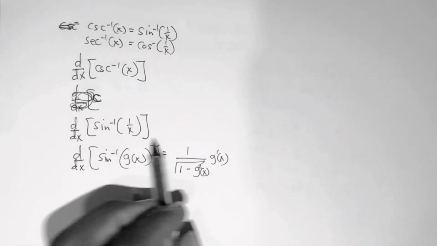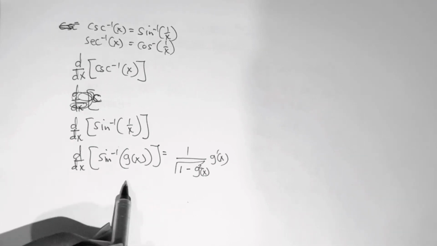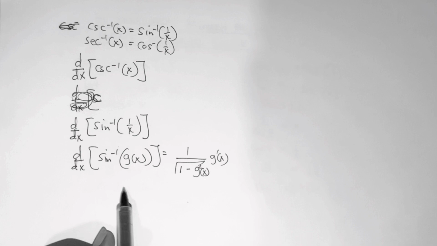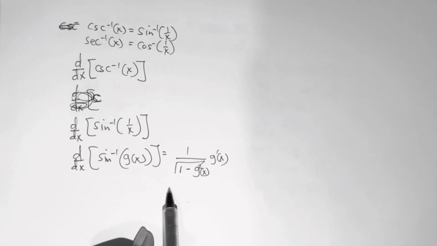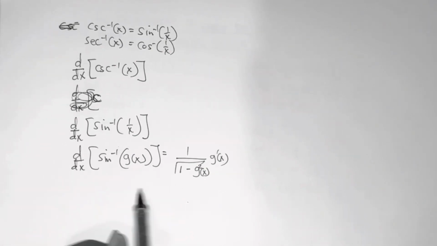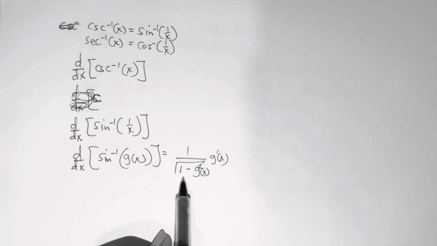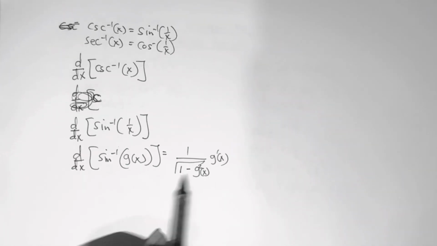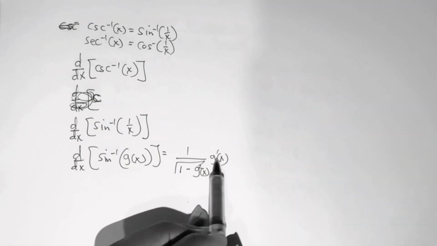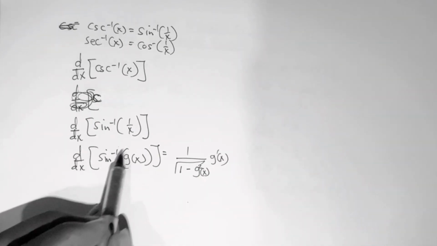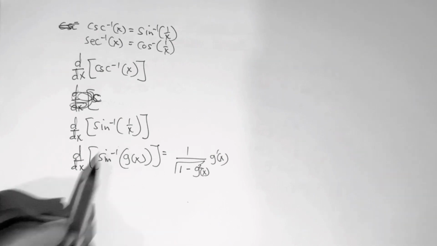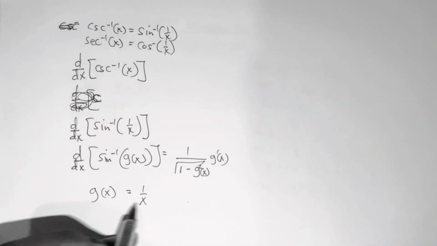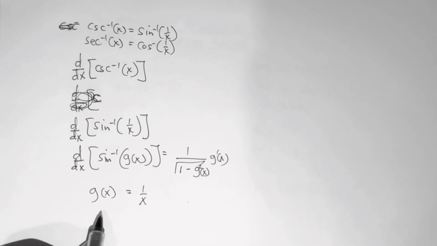If you don't understand why this is so, then I have put a link to my previous video on how to differentiate the inverse trig functions in the description, so you can watch that video before watching this video. So now, how do we go about this? The first thing is to find g of x. You can see that from here, g of x is equal to 1 over x.